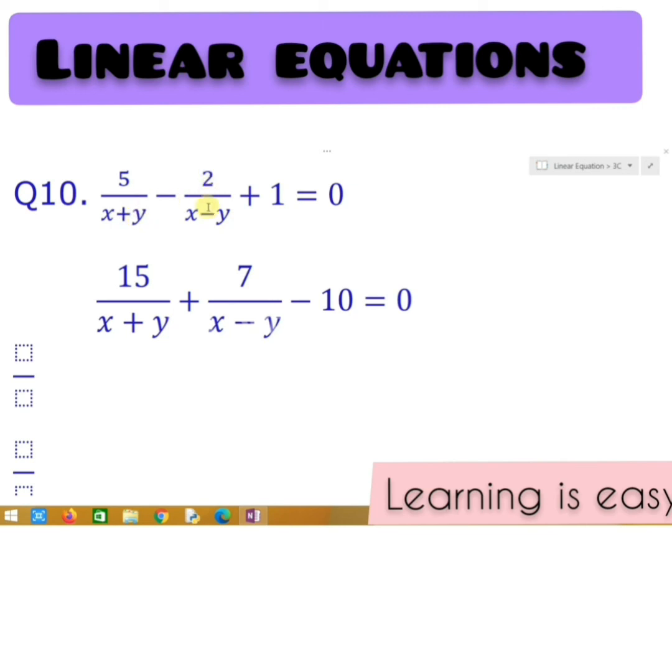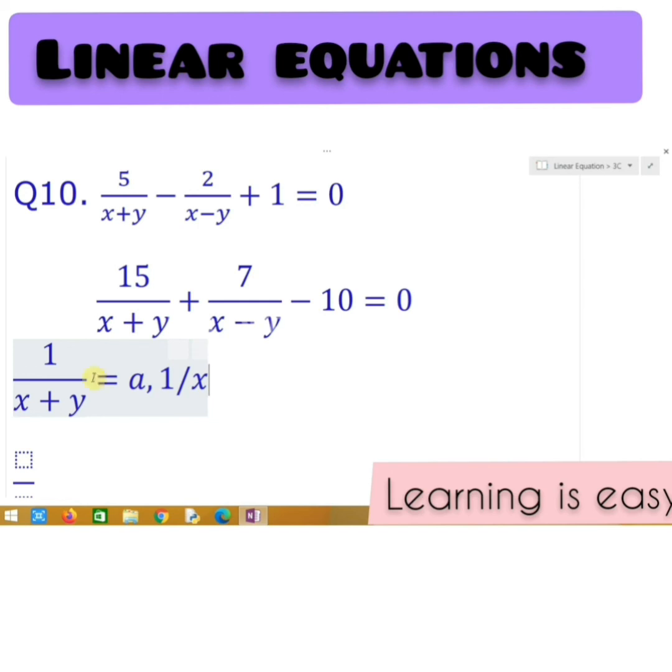Next, question 10. 5 by x plus y minus 2 by x minus y plus 1 equal to 0. So here we need to just assume 1 by x plus y as another variable a, and 1 by x minus y as another variable b.